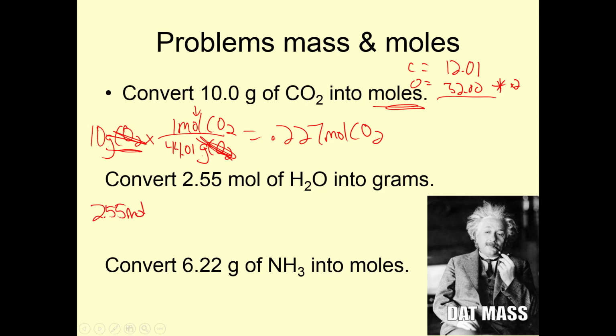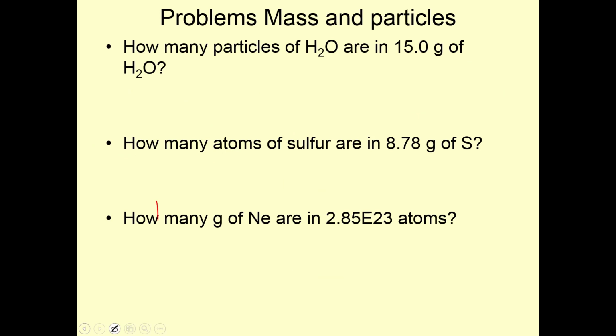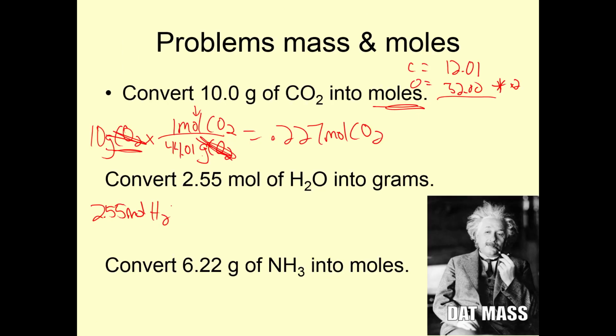2.55 moles of water. Get back here. Water into grams. 1 mole water. All right, canceling water. Grams of water. I don't know what number goes there. Let's see here. Little g stands for grams, and little g stands for go to the periodic table. So 2 hydrogens.